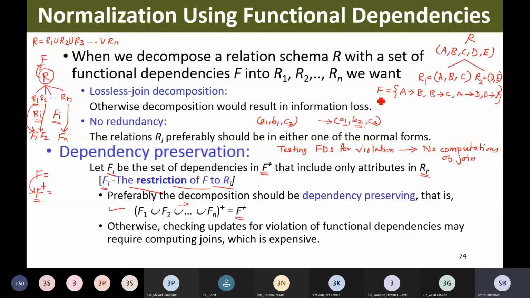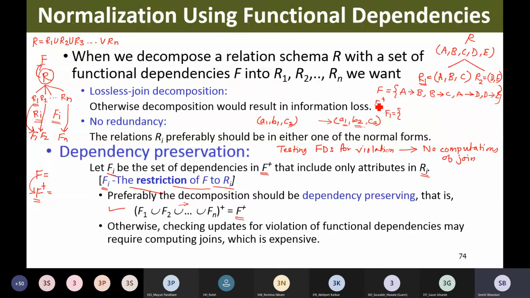Now, with respect to R1, we will form the restriction of F to R1, and this set is denoted as F1. This set F1 will have only those functional dependencies from F plus that have attributes belonging to the relation R1.